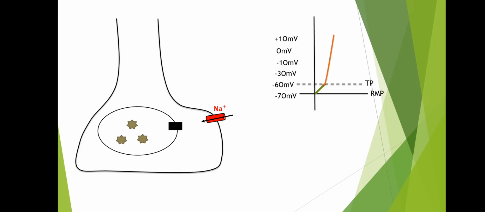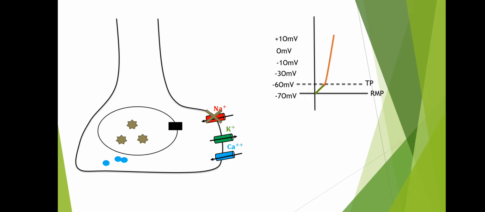Once depolarization occurs, this voltage gated sodium channel will be closed, and two important channels, the calcium channel and the potassium channel, will be opened up. Via the calcium channel, calcium ion moves inside, and via the potassium channel, potassium ion moves outside. So for a brief duration of time, positive charges move inside and positive charges move outside.